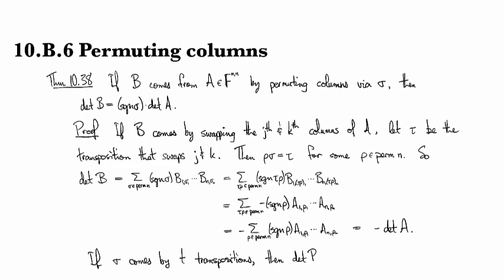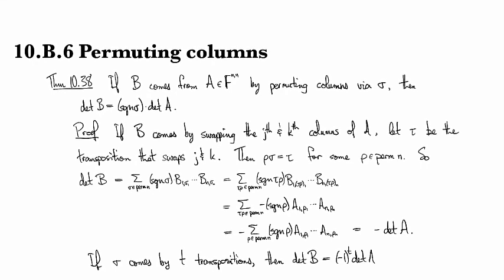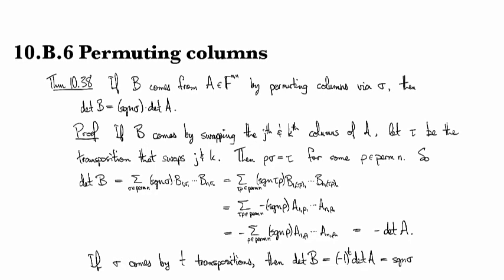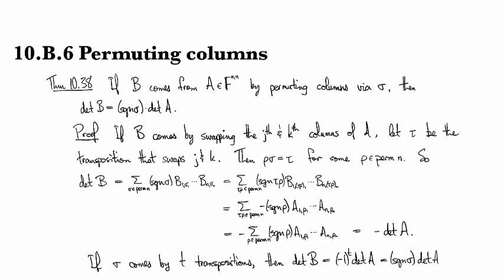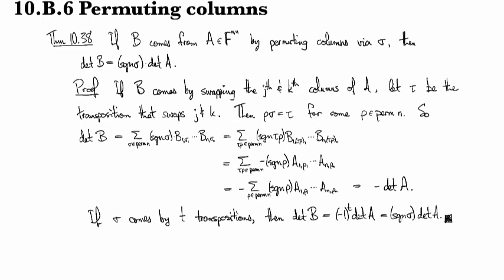So the determinant of B is (-1)^T times the determinant of A. And that (-1)^T, of course, is the sign of sigma times the determinant of A. The end. Okay, so that's the hairy part, but then we get an easy corollary.